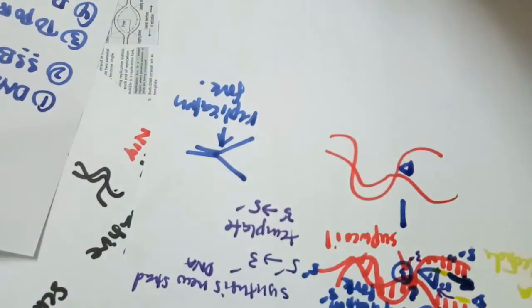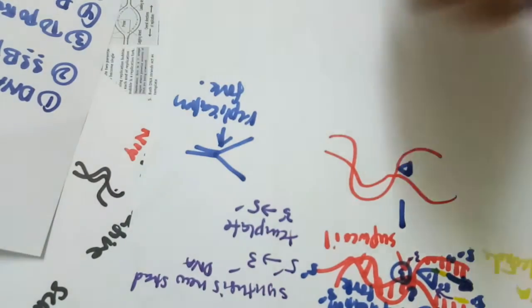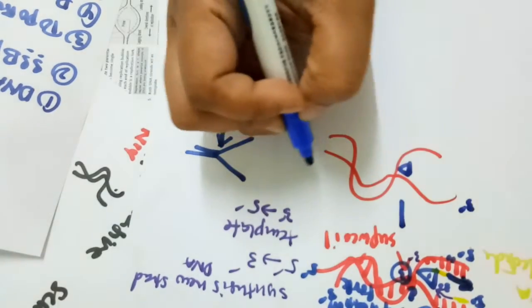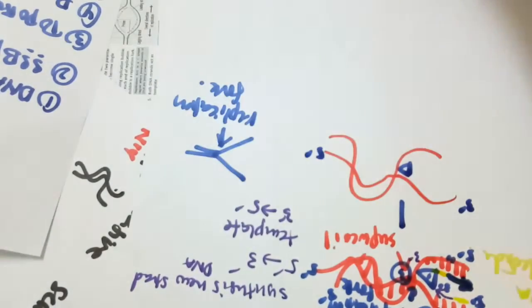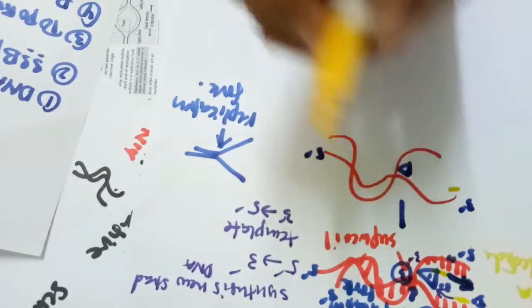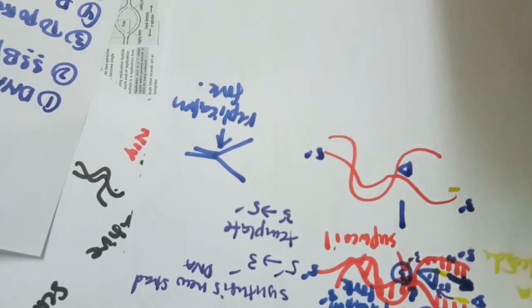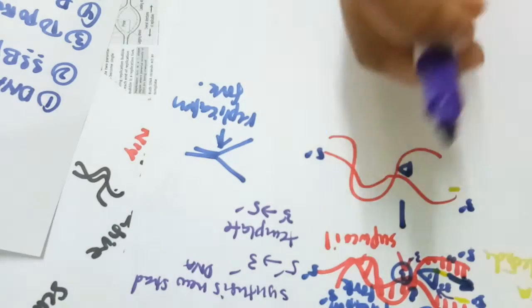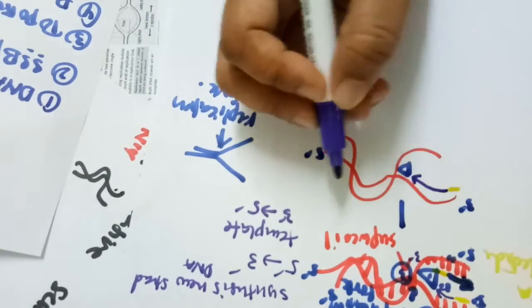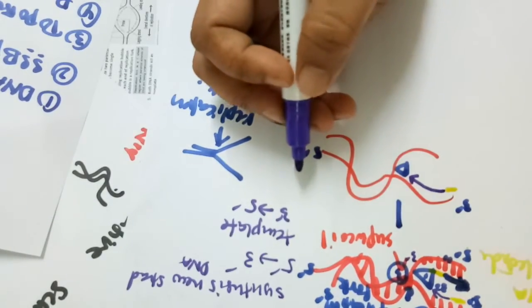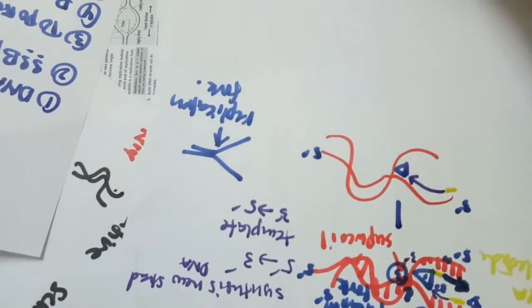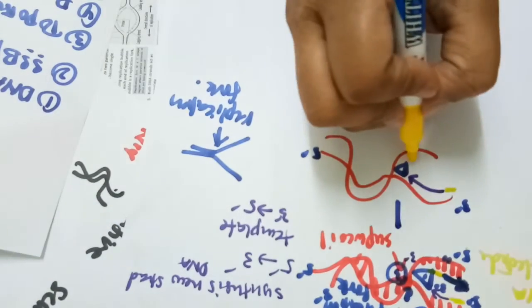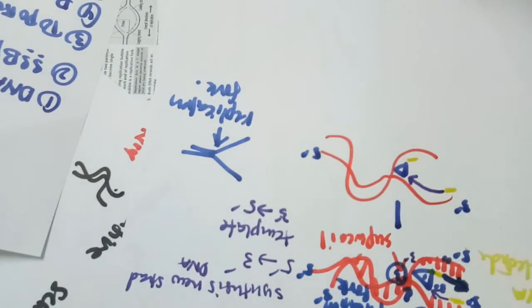And then what happens is, for this template 3' to 5', the first strand that has the RNA primer here will move towards the replication fork. It elongates and moves toward the replication fork continuously, while the other strand here still uses template 3' to 5'.